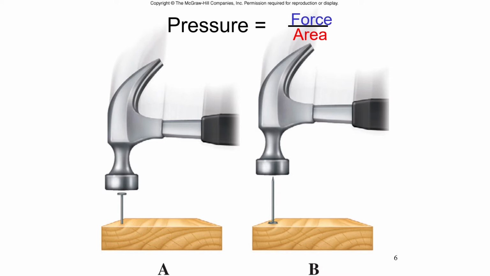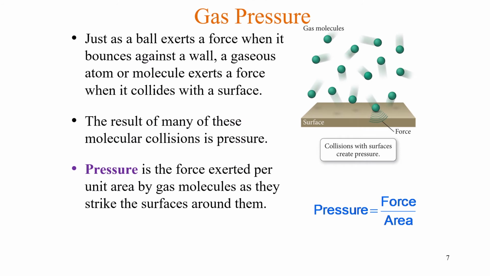Notice that in the example on the left, that force is exerted over the very small area of the tip of the nail, whereas on the right, it is being exerted over the broader area of the head of the nail. So because the bottom part of that fraction is smaller on the left side, that means the pressure is greater. So just remember the relationship between force and area.